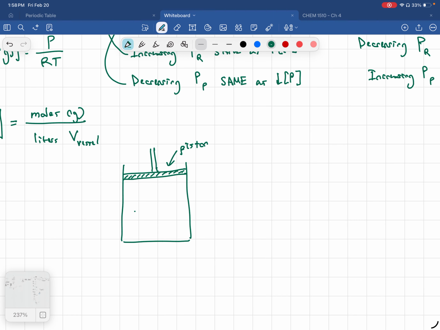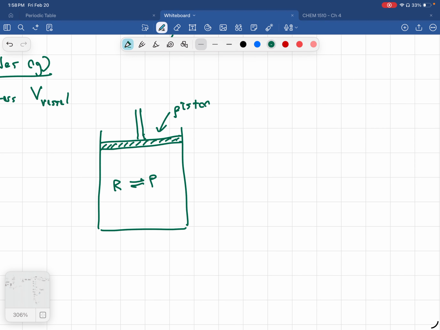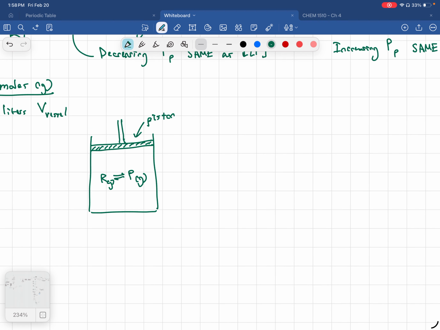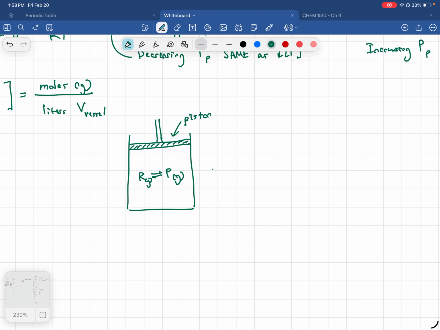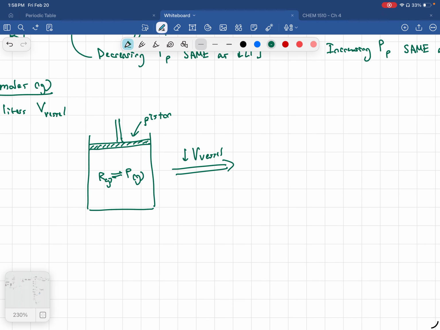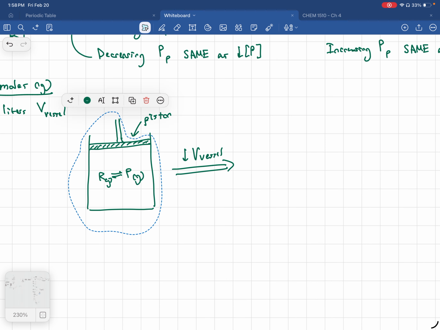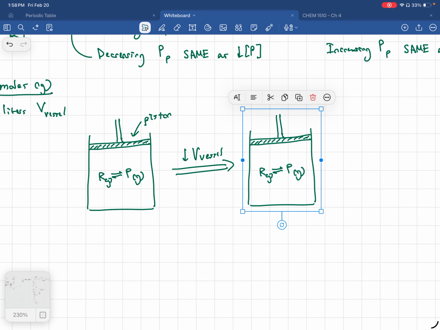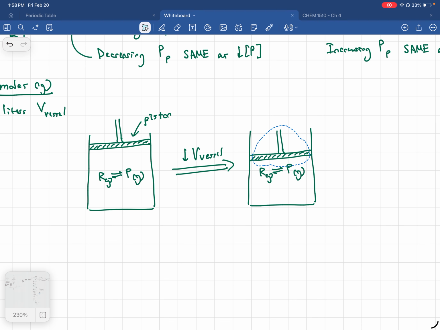So we've got some reaction in here, reactants to products, as gases. Okay, so let's decrease the volume of the vessel. What's that going to do? If we take our piston and we squish it down.